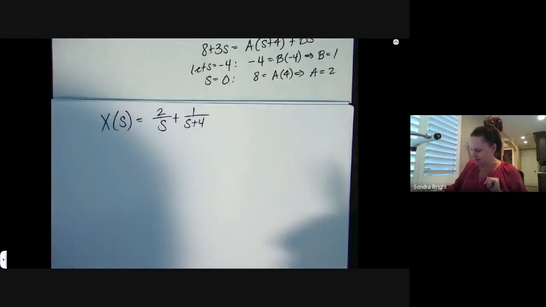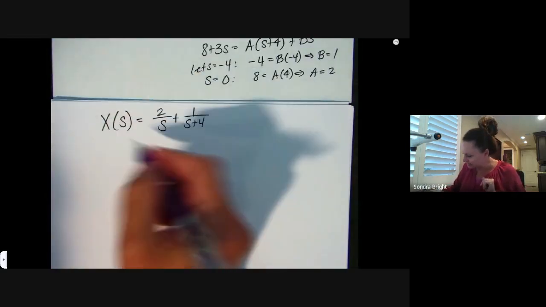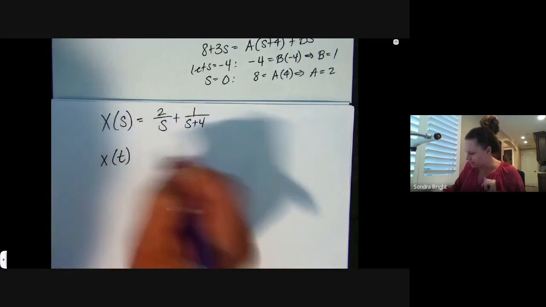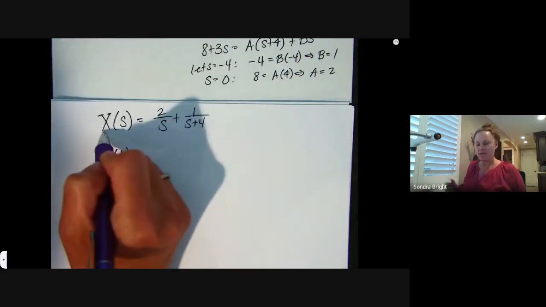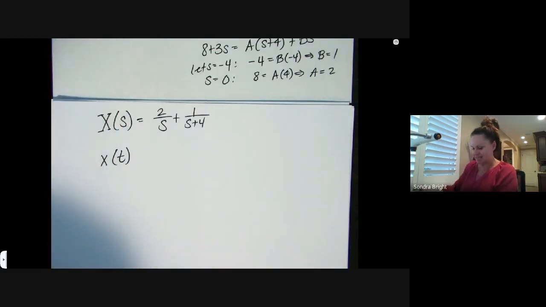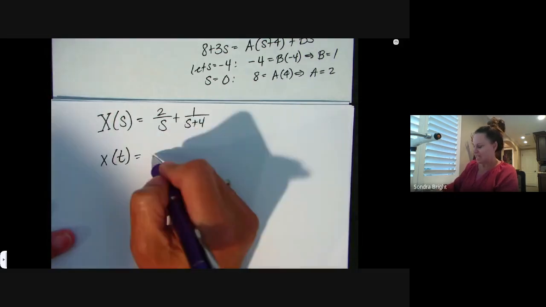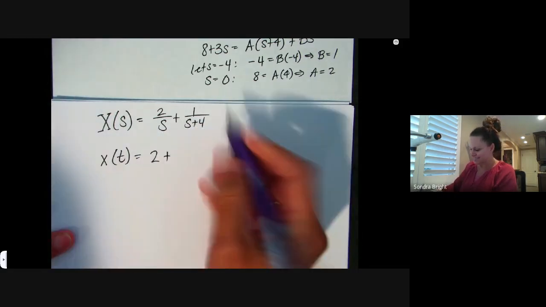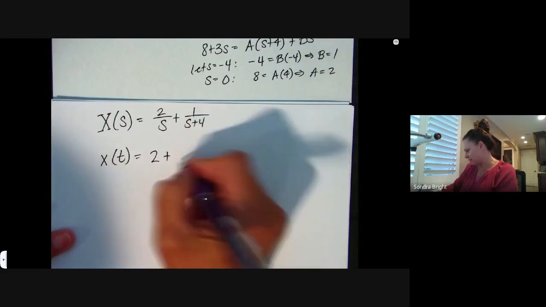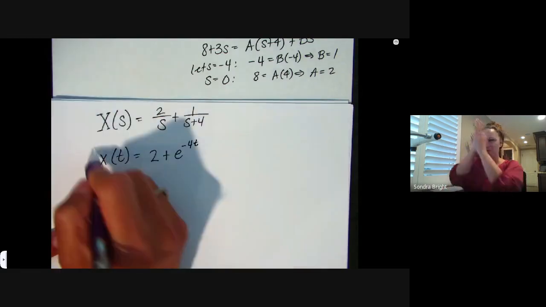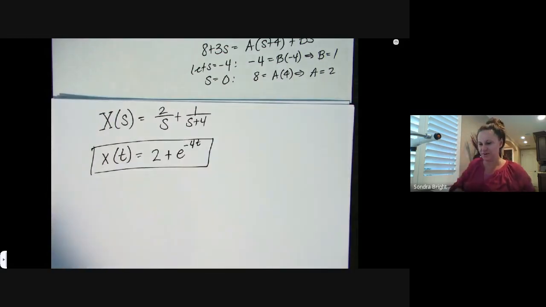Capital X of s is this guy, which means little x of t is, remember 2 over s is just a 2, and 1 over s plus 4 is e to the negative 4t. Yay!